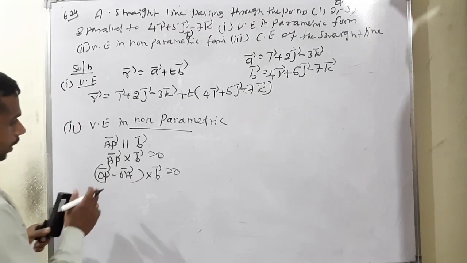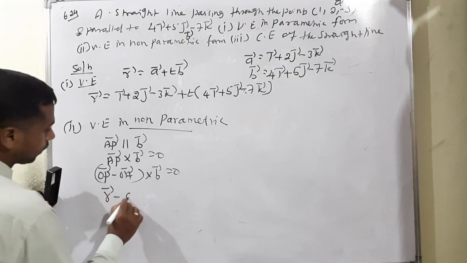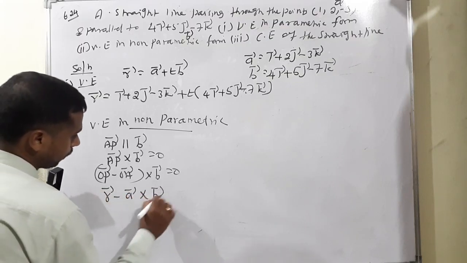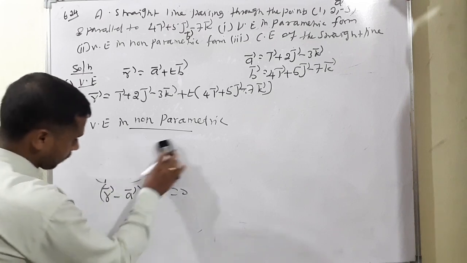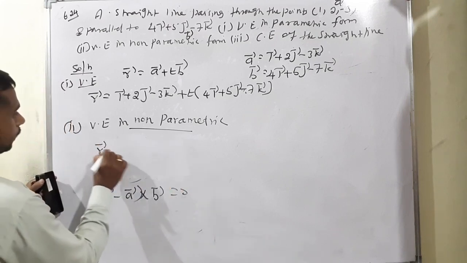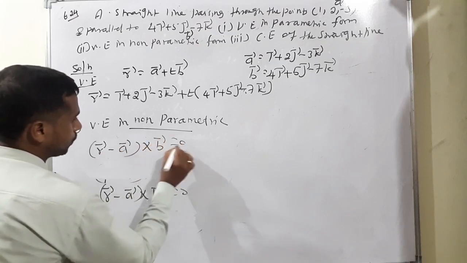For your understanding, we can write it directly. OP vector means we already know R vector minus A vector cross B vector. We can write the last line only: R vector minus A vector cross B vector is equal to 0.